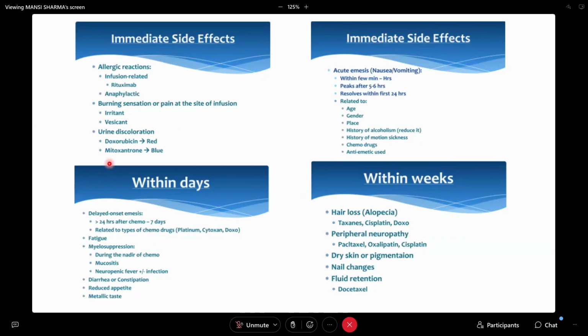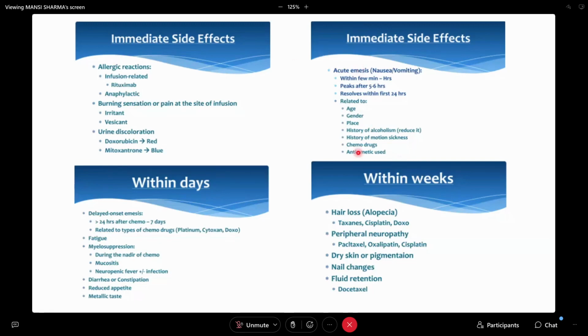You give them doxorubicin, they'll have, say, red colored urine. For example, in cases where we give VAC, doxorubicin and cyclophosphamide, we counsel the patient that hemorrhagic cystitis is a side effect, so they'll start panicking. So you need to know your drugs, you need to know the color, and tell the patient, okay, you're going to pass red urine initially, but that is not blood in the urine, please don't panic. So all of these are things that you need to know.